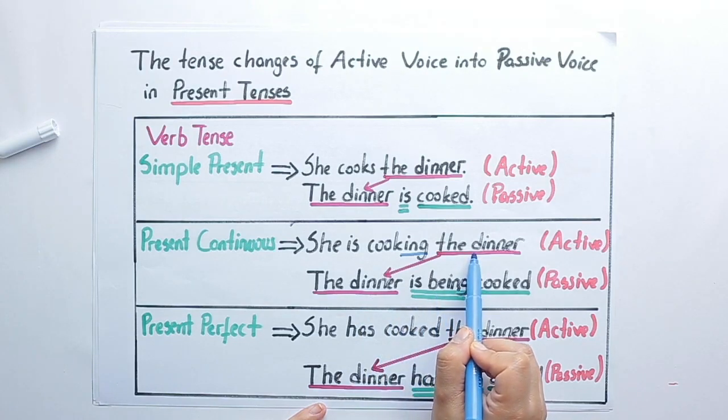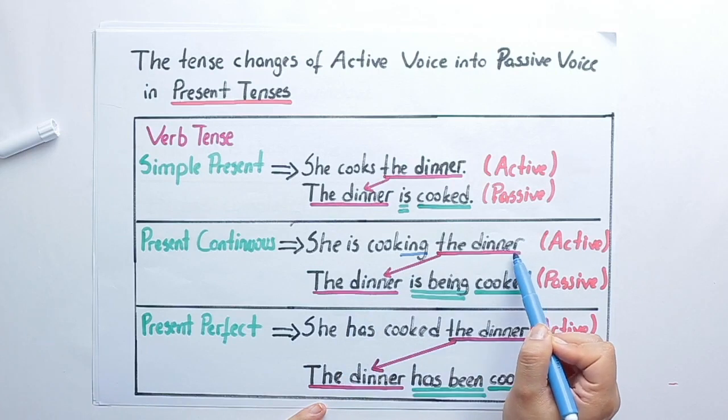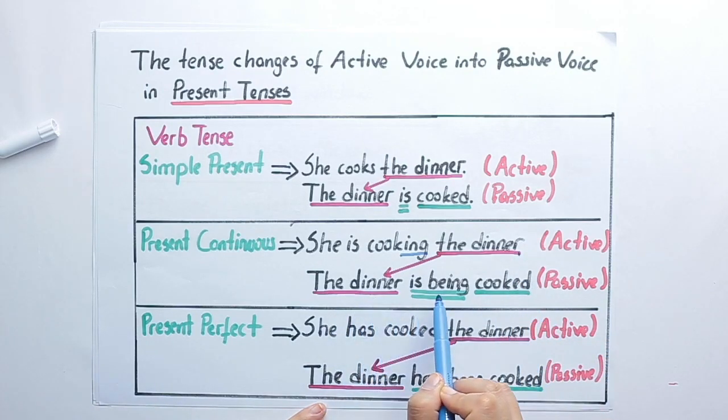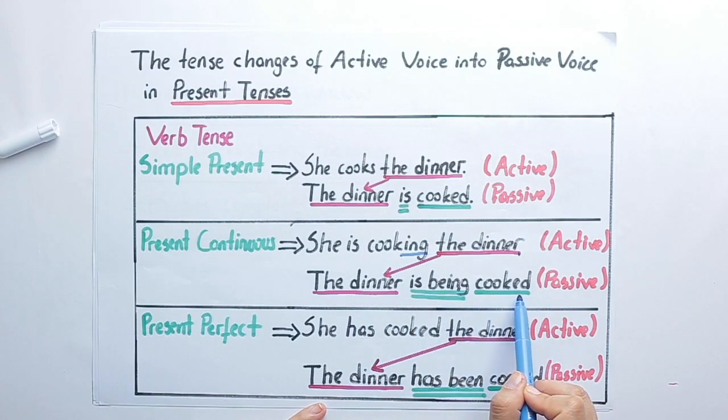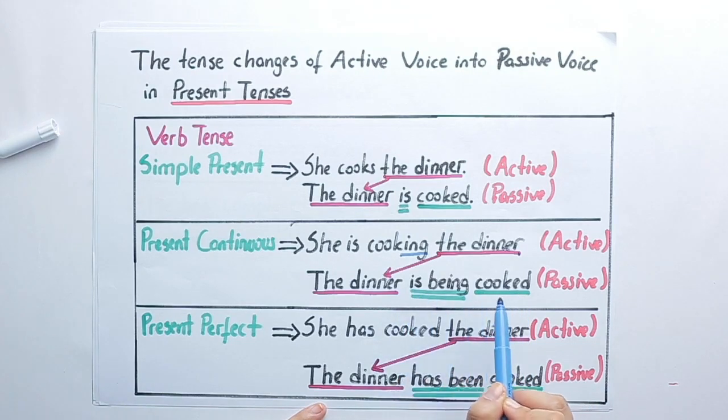And as always, I start my sentence with the dinner, which is the object of the active sentence. The dinner is being cooked. The only change is after is and are, I also add being. Then verb 3 again.